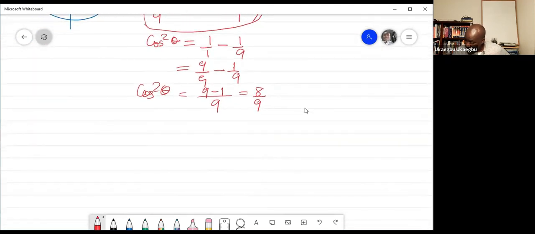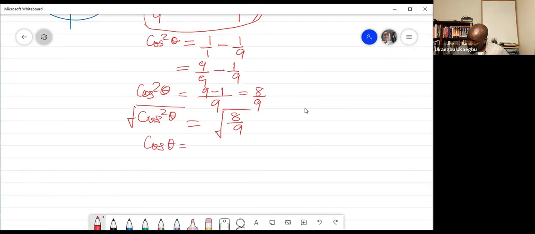Now, for cos theta by itself, this is like taking the square root on both sides. So taking the square root on both sides of 8 over 9, cos theta is going to be plus or minus square root of 8 divided by square root of 9.